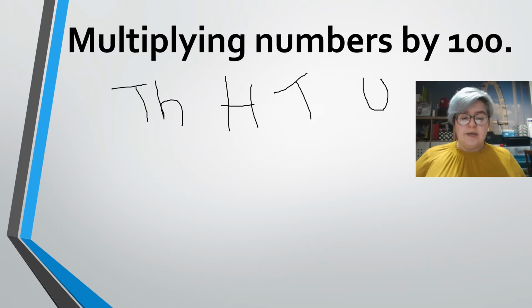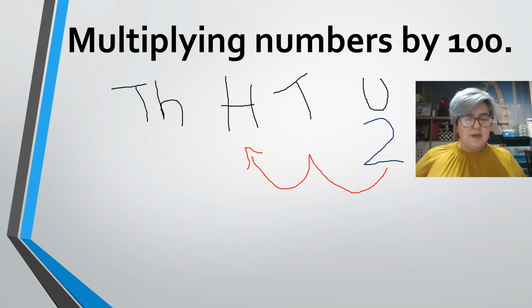Okay, so let's try just a single digit to begin with. We'll take the number 2. If we multiply the number 2 by 100, it's going to jump up not one place, but 2 places. Okay, so let's give this a try. So the 2 goes up here and it becomes 200. There's nothing in the tens, so we have to add a 0.